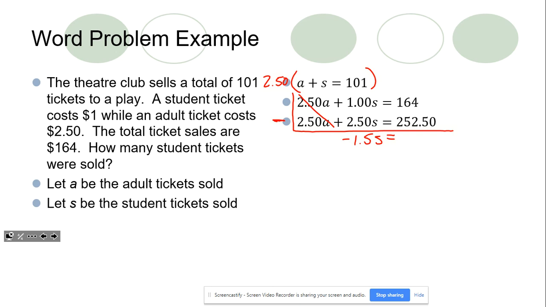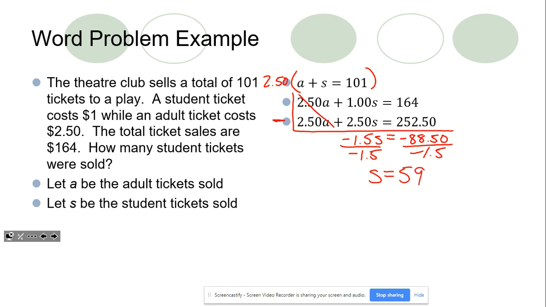When I do that in my calculator, I get negative 88.50. Dividing both sides by negative 1.5, S will be equal to 59.